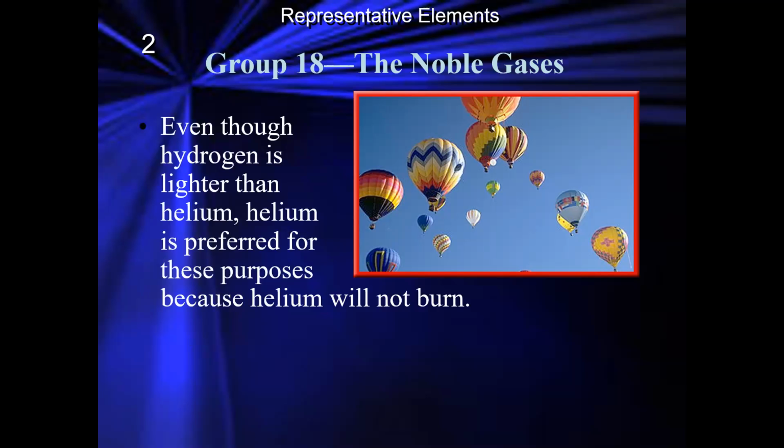Even though hydrogen is lighter than helium, helium is preferred for these purposes because helium will not burn. Even a very small spark would burn the hydrogen gas, and it would be like a tiny bomb blast. That is why helium gas is used.